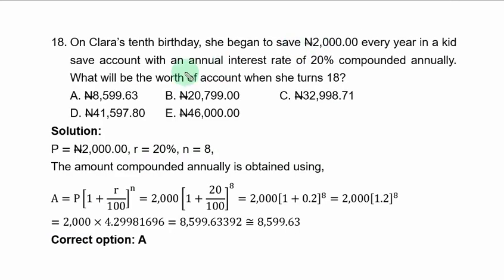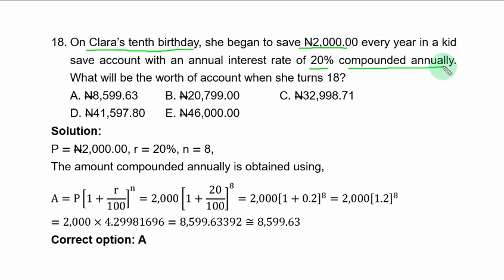Question 18. On Clara's 10th birthday, she began to save 2,000 naira every year in a kid savings account with an annual interest rate of 20% compounded annually.